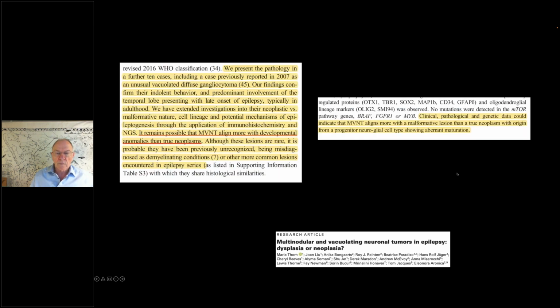But based on the pathology, most of these cases are left alone lesions. Again, if you see the research reviews and case reports, it remains a possibility of a developmental anomaly rather than a true neoplasm. So we're not certain if it is a neoplasm or a malformative or developmental anomaly.